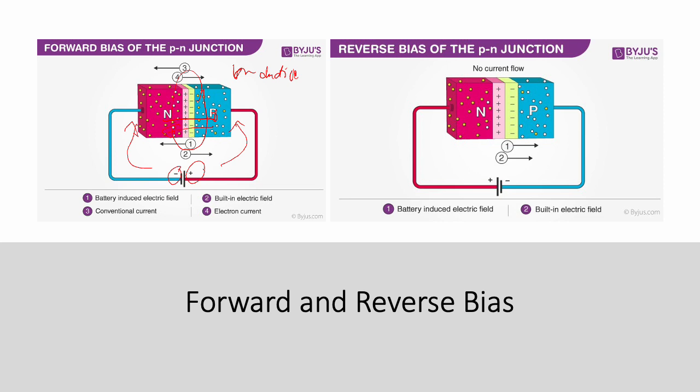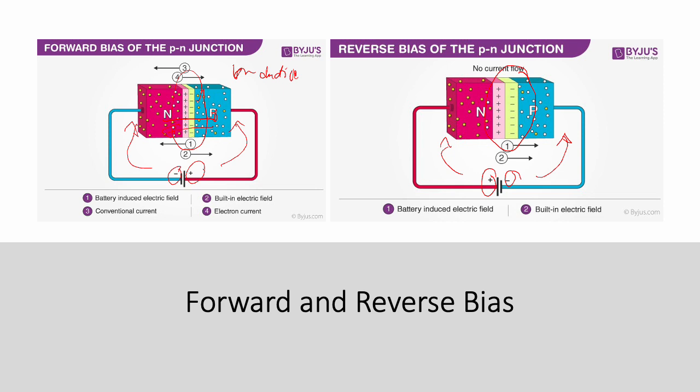While for the reverse bias, it is opposite. We apply a reverse bias voltage, which means connecting the positive terminal to the N side and the negative terminal to the P side. As a result, this increases the barrier potential and widens the depletion region, making it less conductive.